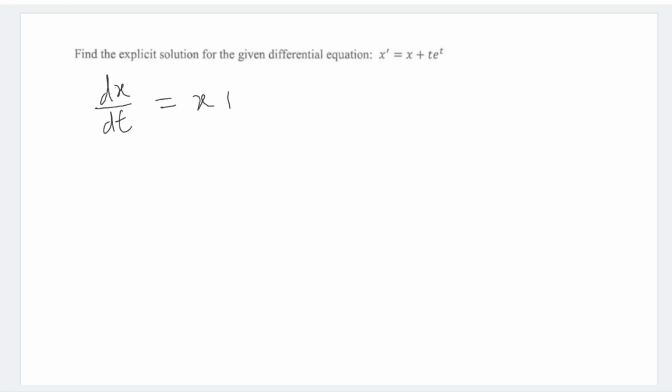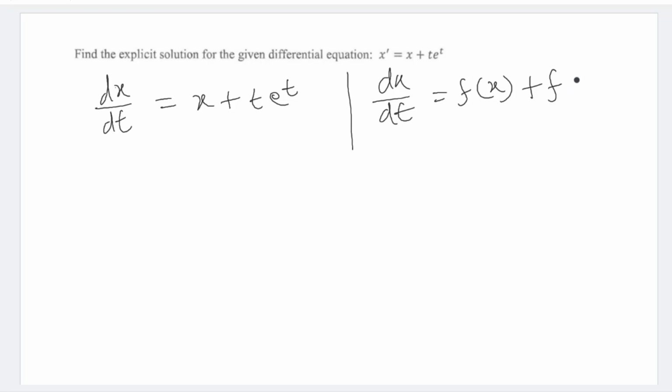That means this equation looks like dx/dt equals a function of the dependent variable plus a function of the independent variable.